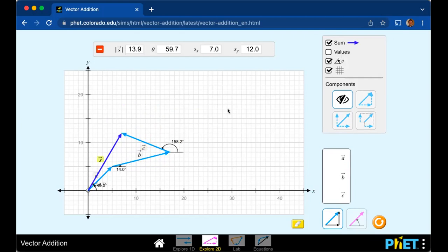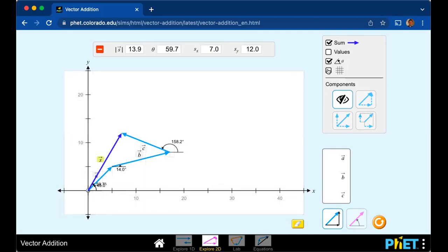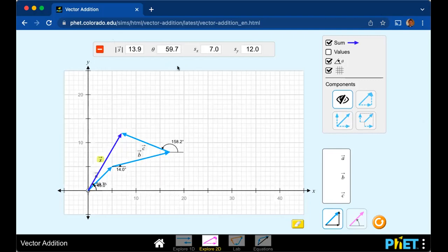So this is something nice. What's the angle? I think it's 53 point something. I cannot see it. And then you should write the magnitude. It's actually given here, but for the S, the X component is 7, the Y component is 12.